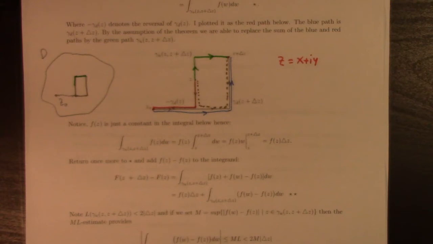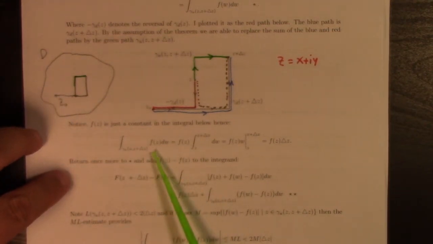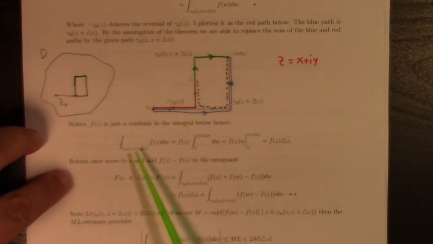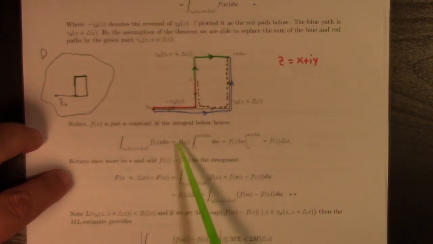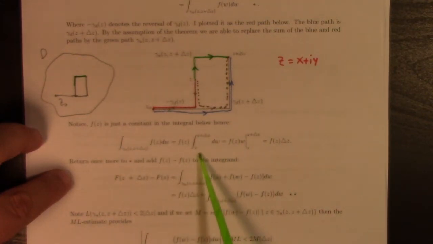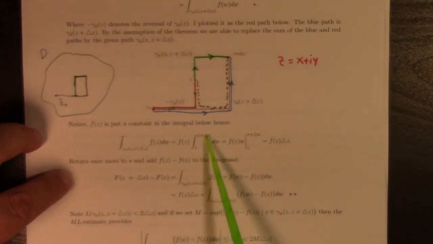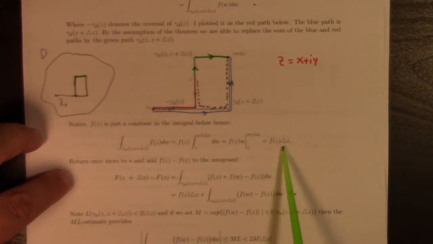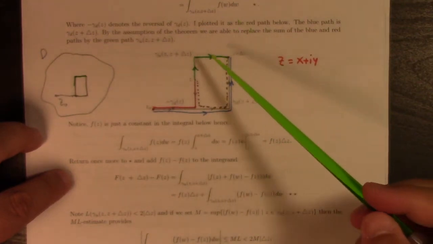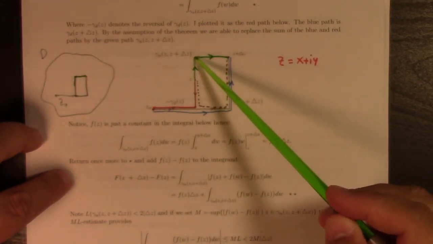We're integrating over w, so the integral of f of z dw over the upper path would just be, pull the f of z out, I get the integral of dw from that to that, which just gives me delta z. Because, to get from here to here, I get delta z.